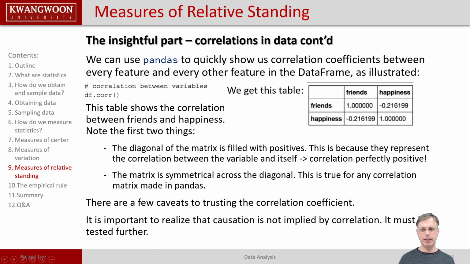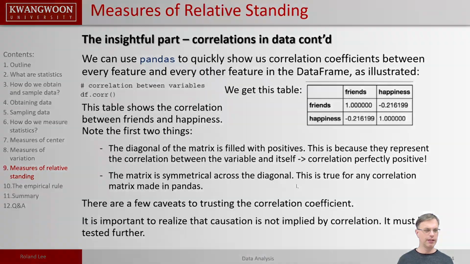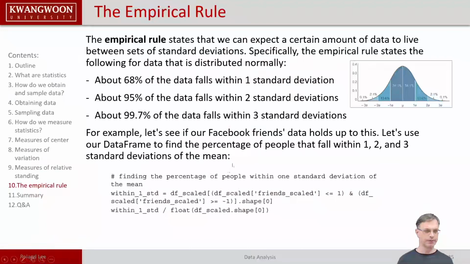We use pandas to get the correlation coefficients, and in the data frame we get 1 and 1 because on this diagonal they are the same, and -0.21, so the value is not that high, that is, the correlation is not that strong.